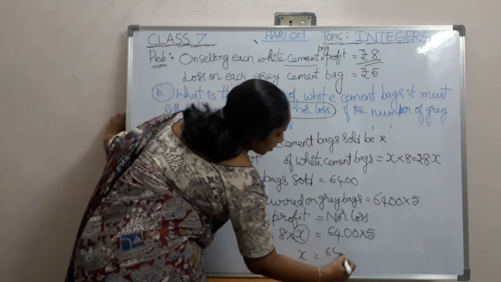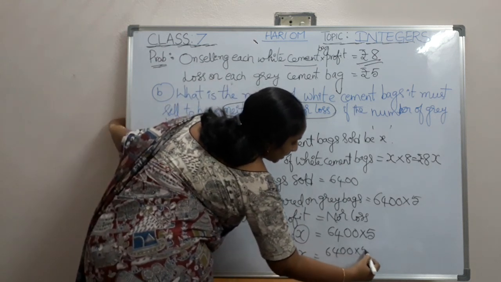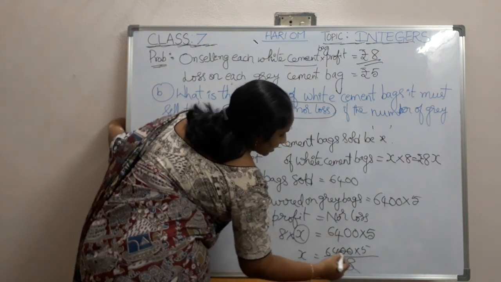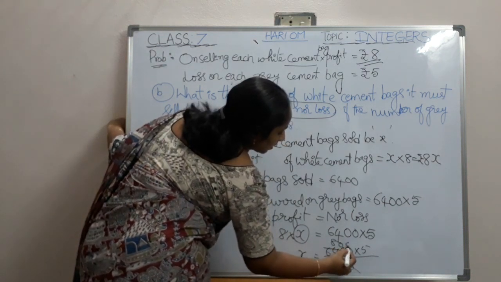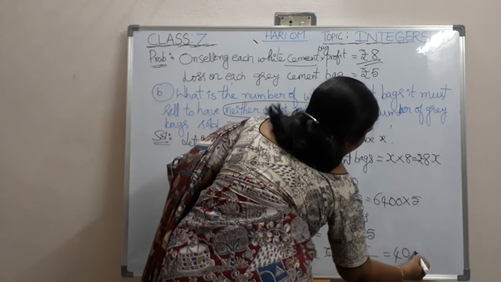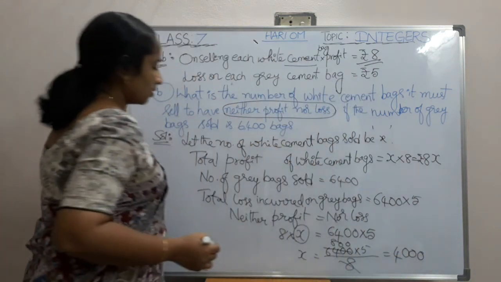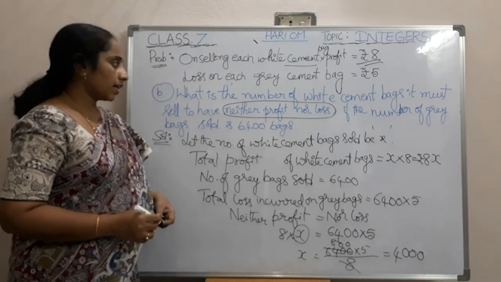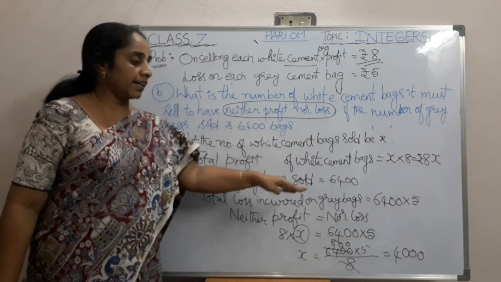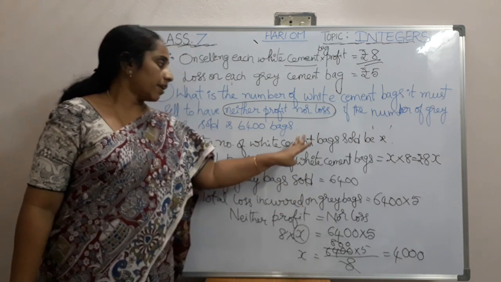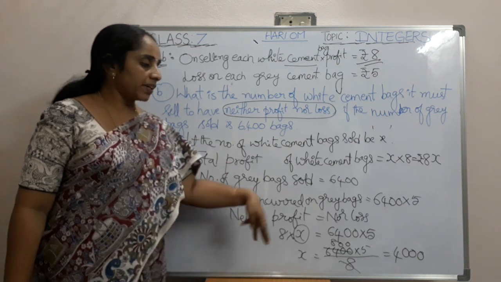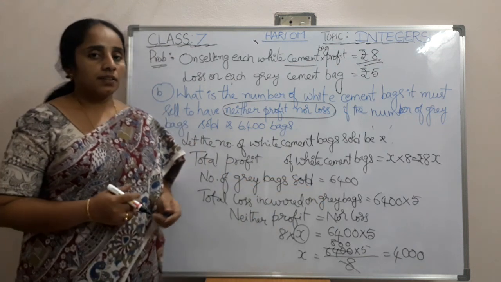That is 6400 into 5 by 8. 8 ones are 8, 8 eights are 64. So it is 4000. So we conclude that on selling 4000 white cement bags, there is no profit no loss. Okay.